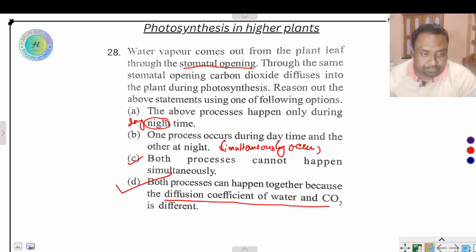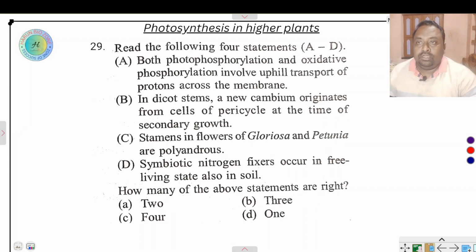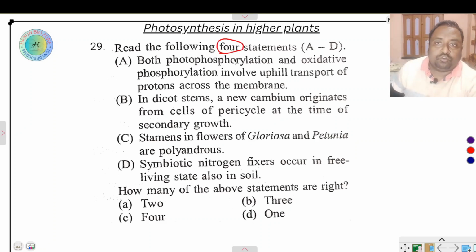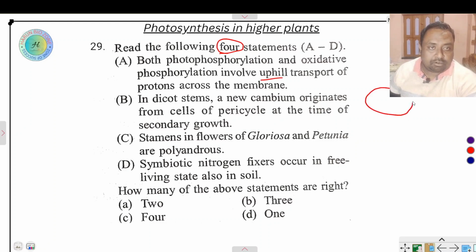Next question. Read the following four statements A to D. Both photophosphorylation and oxidative phosphorylation involve uphill transport. No, because this is the thylakoid lumen and this is ATP synthase. When the proton concentration is higher in the thylakoid lumen, the protons are released through ATP synthase and produce ATP.